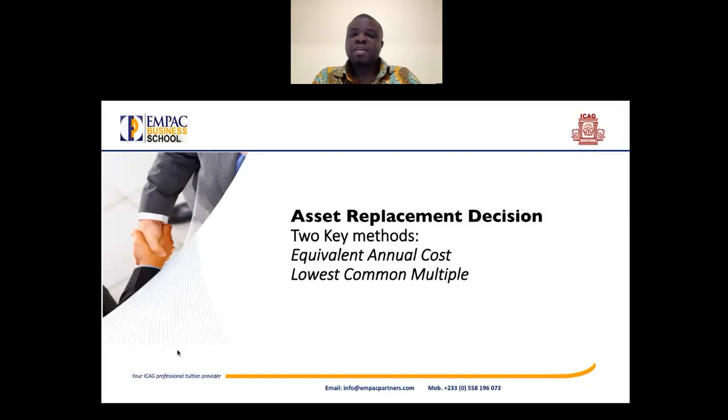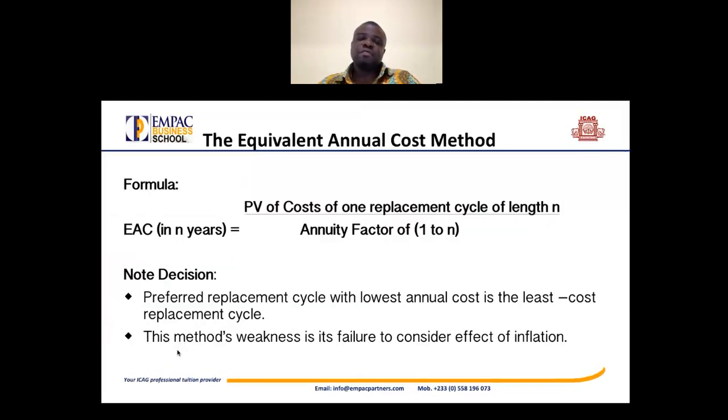Now, the equivalent annual cost method usually deals with determining the PVs of the cash flows and then also determining the annuity factor for that cycle and dividing the PVs over the annuity for that cycle.